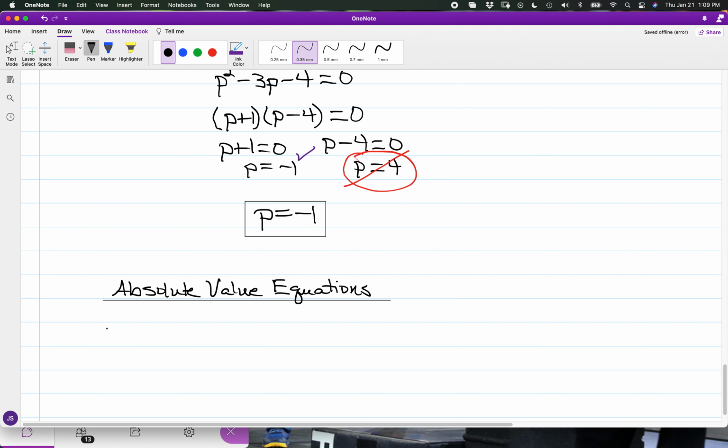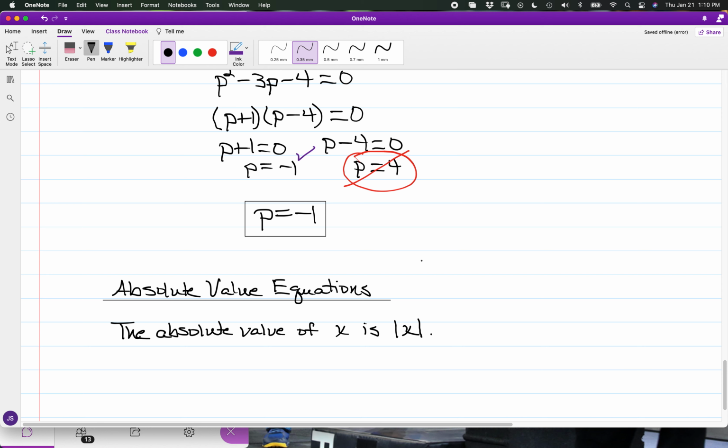Okay, just symbolic notation. You have the absolute value of x, and symbolically it will look like x contained by vertical bars.